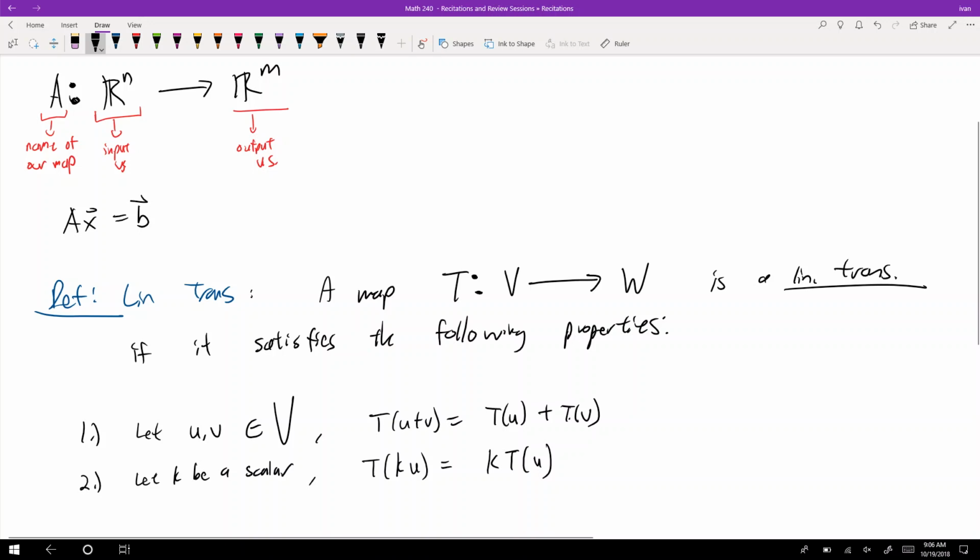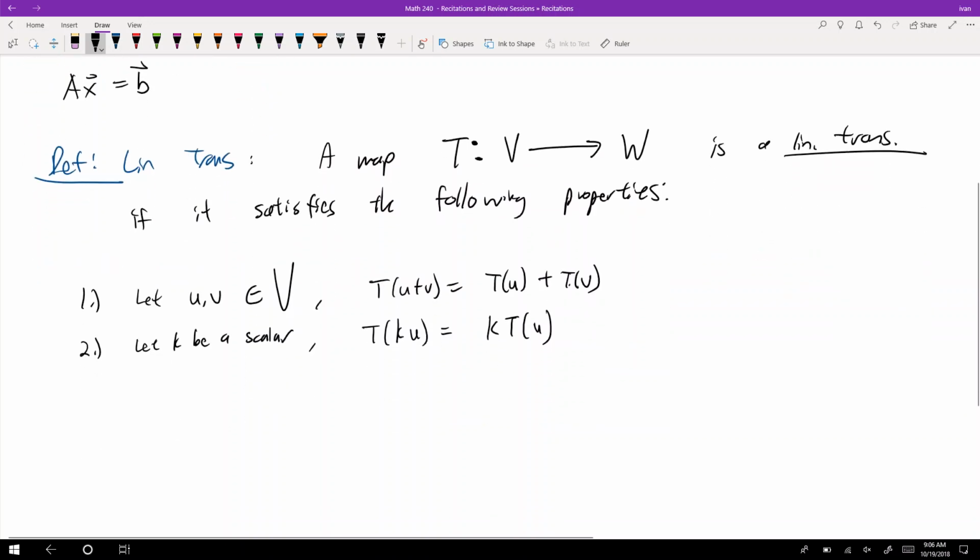And yeah, so matrix multiplication up there, it's almost immediately clear that it satisfies these properties, right? Because if you choose any two x's, well, it's distributive, so that's satisfied. And then if you let x be some constant times a vector, you can just pull the constant out in front, so that works as well. So that's why matrix multiplication then is a linear transformation immediately.